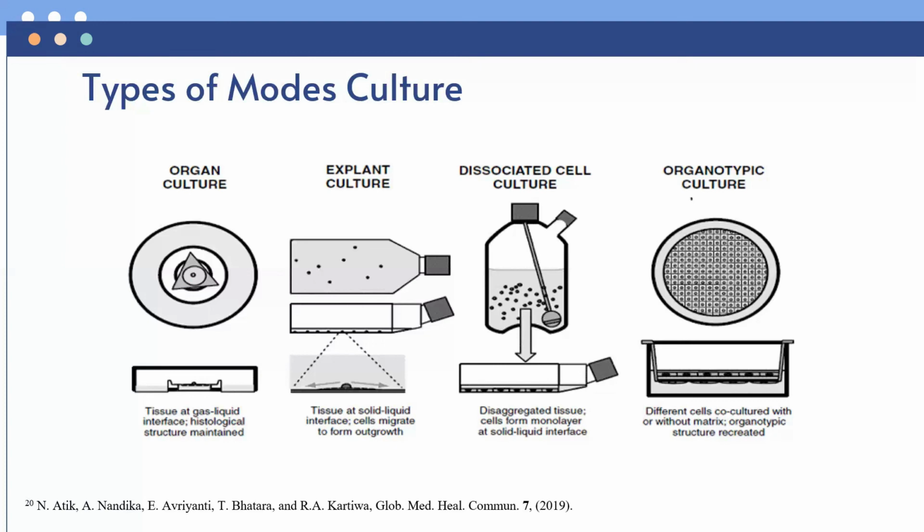The last feature is organotypic culture. Organotypic culture is a filter well showing an array of cells seen in section in the lower diagram, combined with matrix and stromal cells.